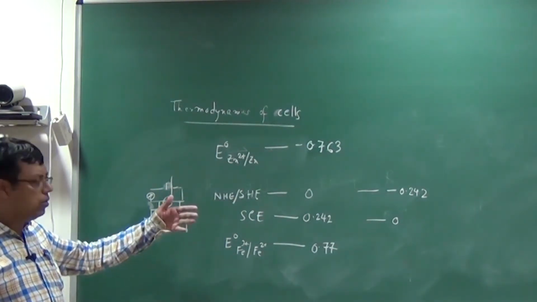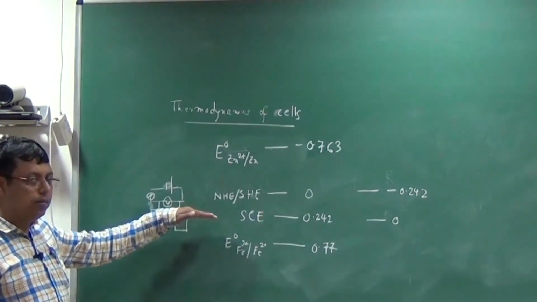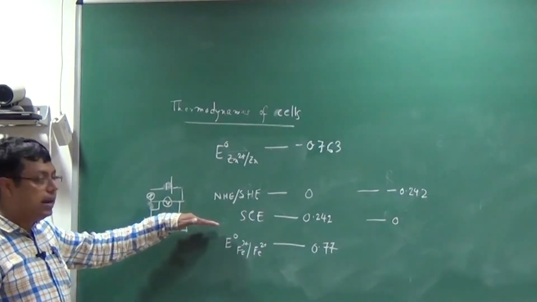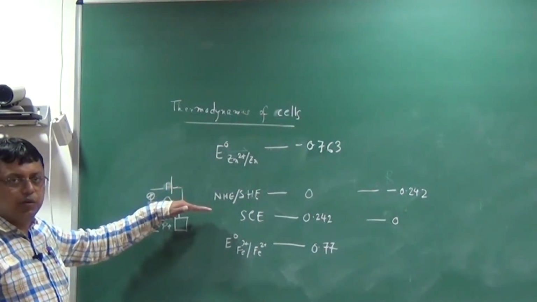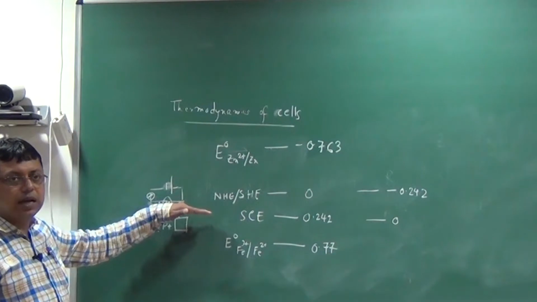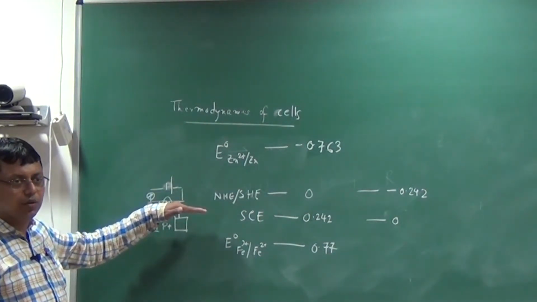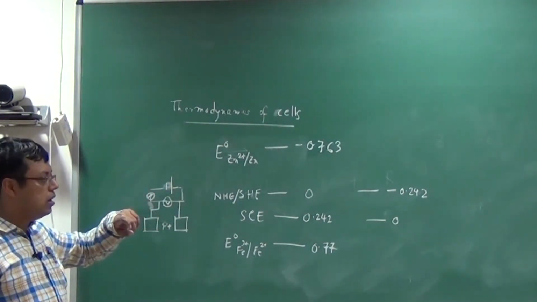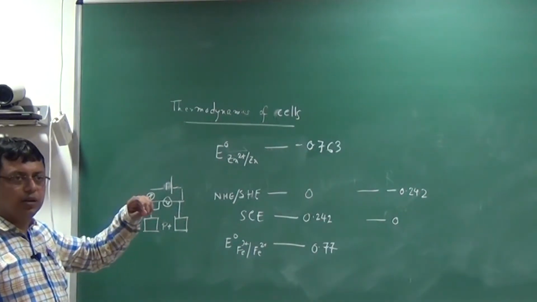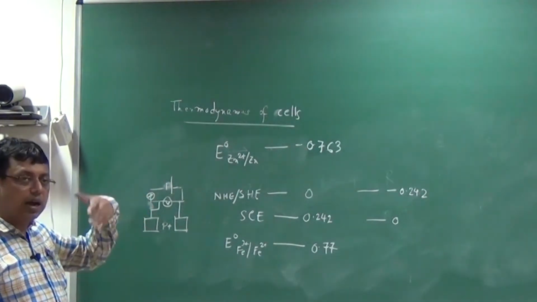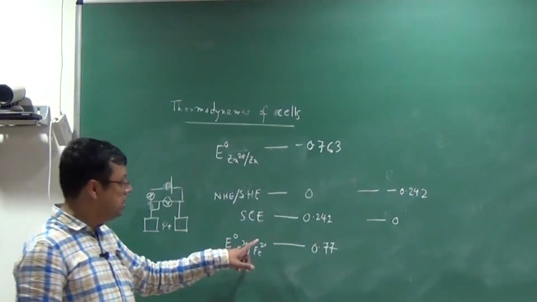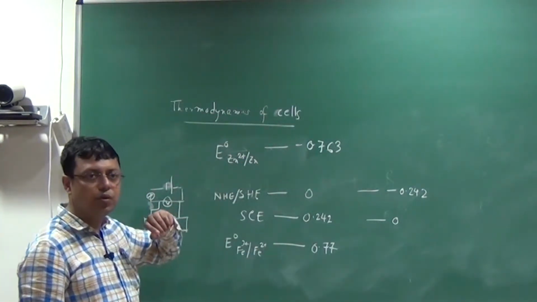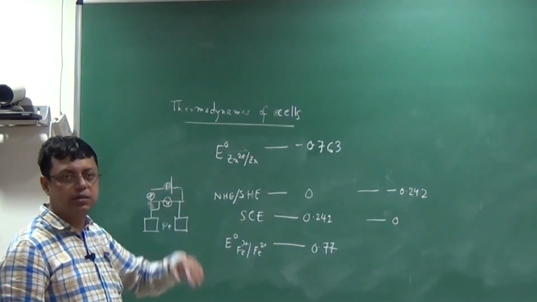What it means is that I'm tuning the energy levels as we apply an external voltage. Now the question is, what does it mean, and how can you connect it to the energy level of these metals? It is basically the Fermi energy level.